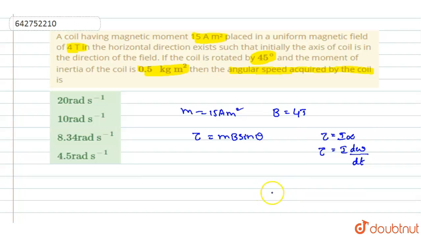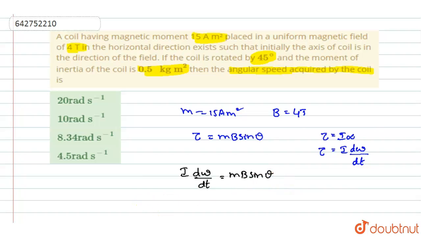So these two torques should be equal and opposite, because these are the torques acting on the same object. So equating these two equations, I into d omega by dt will be equal to mb sine theta.